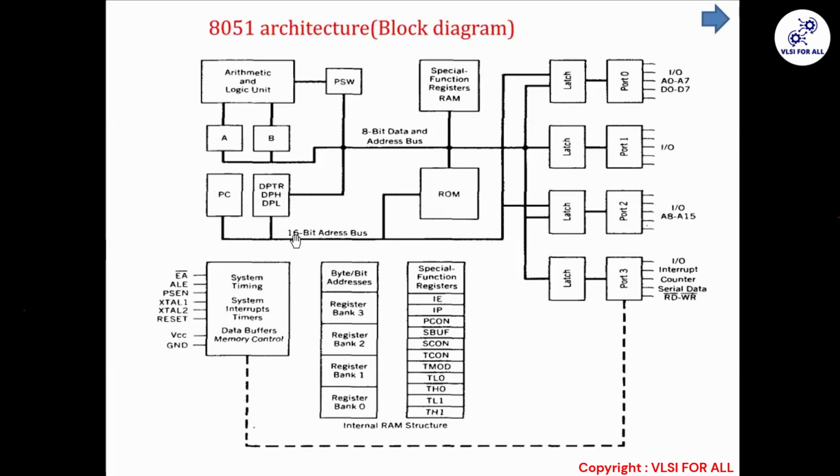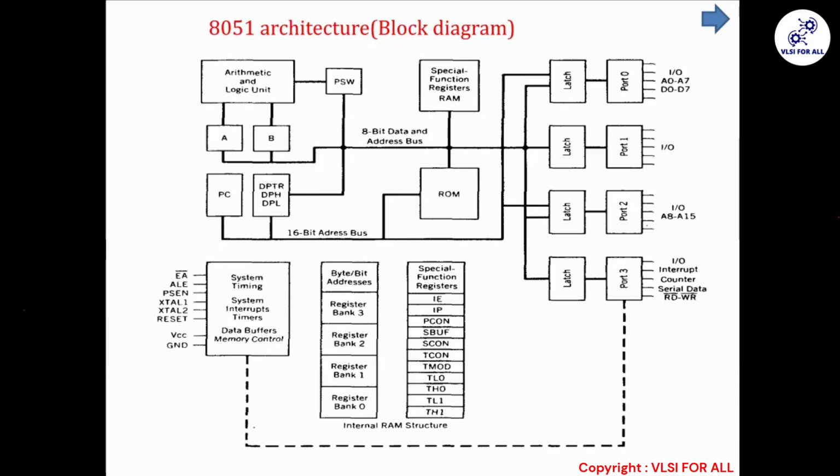This program counter is again 16-bit. And look what is connected to it, a 16-bit address bus. Our data bus is 8-bit and our address bus is how much? 16-bit. Because what is the size of ROM? 4K. 4K is the size of ROM. And for addressing 4K, you need how many bits?